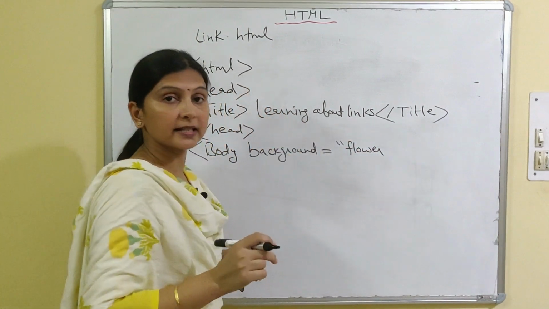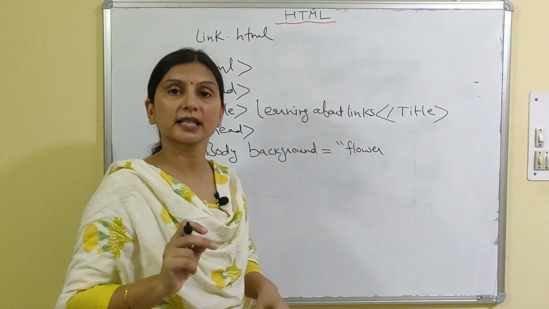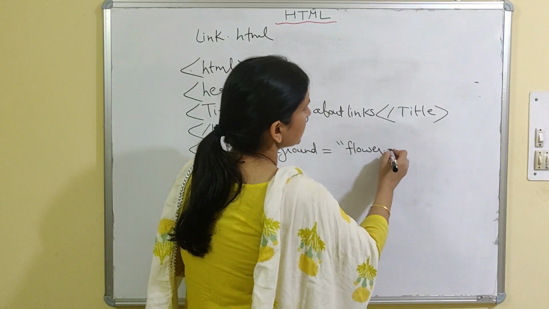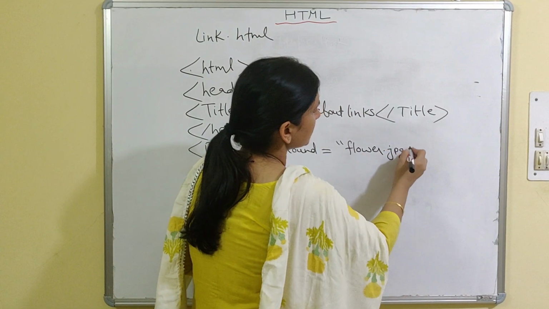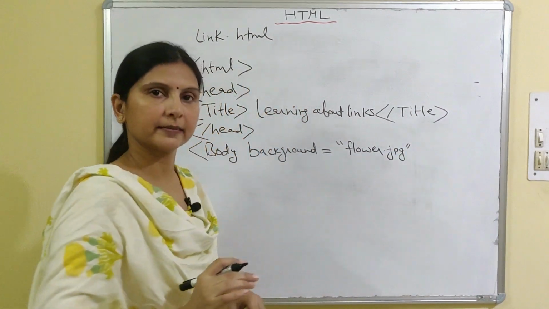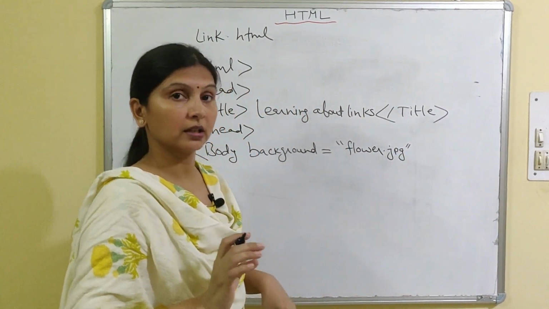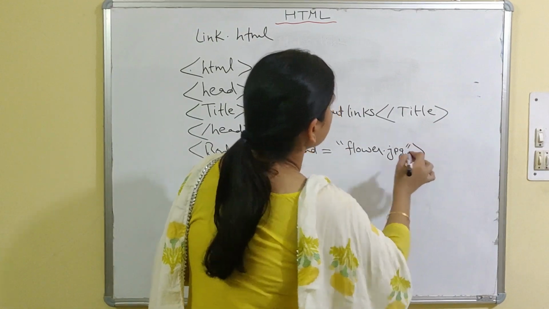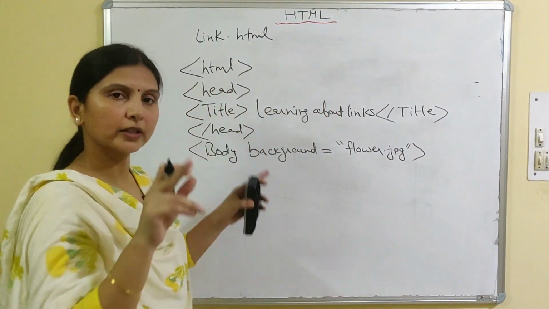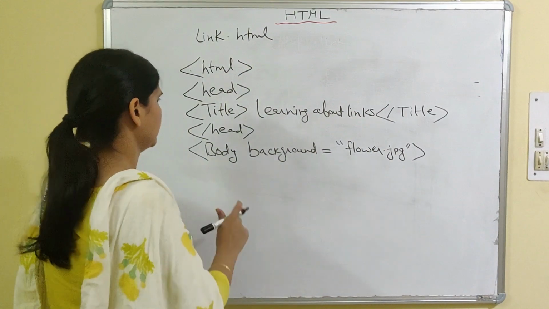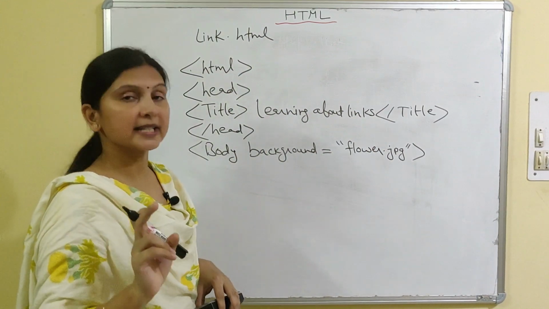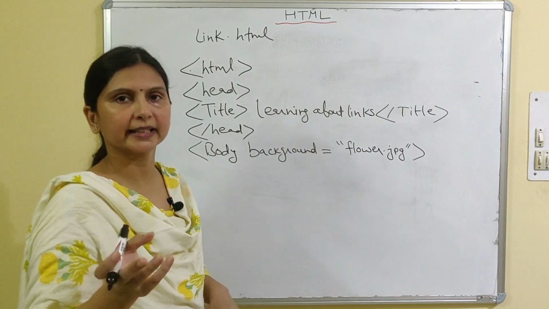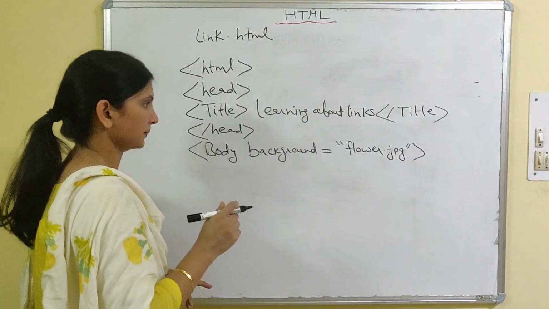The image should be present in your computer or drive, then only you can give it. So body background flower.jpg. Always set a light color background, so the flower should be light-colored.